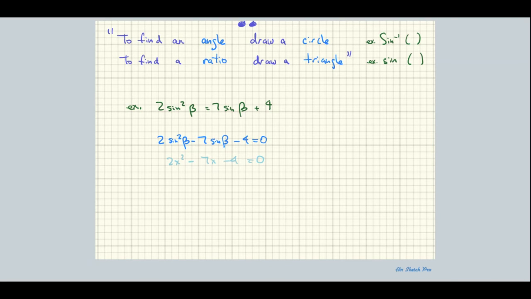I see that it's not monic, and so I look at AC. AC is -8. Give me 2 factors of -8 that add to -7. I want 2 factors of -8 that add to -7.